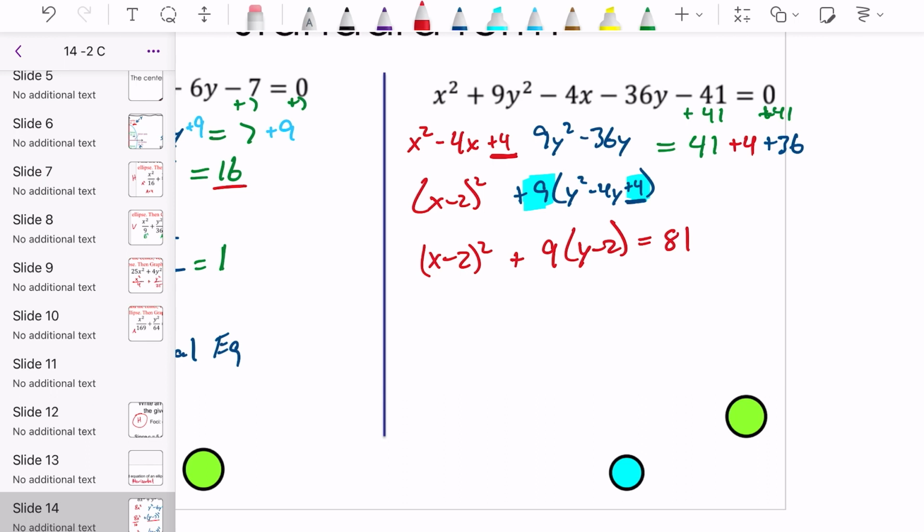Now we have to get that 81 and all the other parts to 1, which means we're going to divide everything by 81. As you can see on the right-hand side, this is going to give you 1. 9 and 81 is 1 and 9. So we're going to have y minus 2 squared over 9.